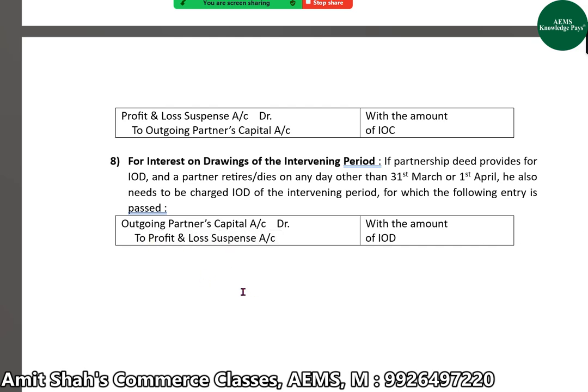In case you are asked to prepare the balance sheet of the firm immediately after doing all these adjustments on the date of retirement or death itself, though that also is not asked mostly. But in case you are asked to prepare the balance sheet on the date of retirement or death of the reconstituted firm, then this balance of P&L suspense account you will show in the balance sheet. If it has a debit balance, you will show it on the asset side. If it has a credit balance, you will show it on the liabilities side.